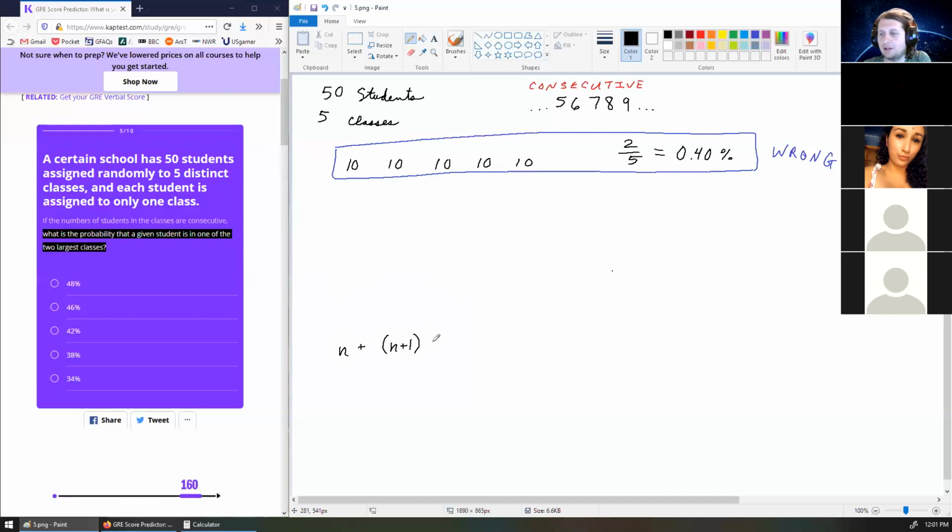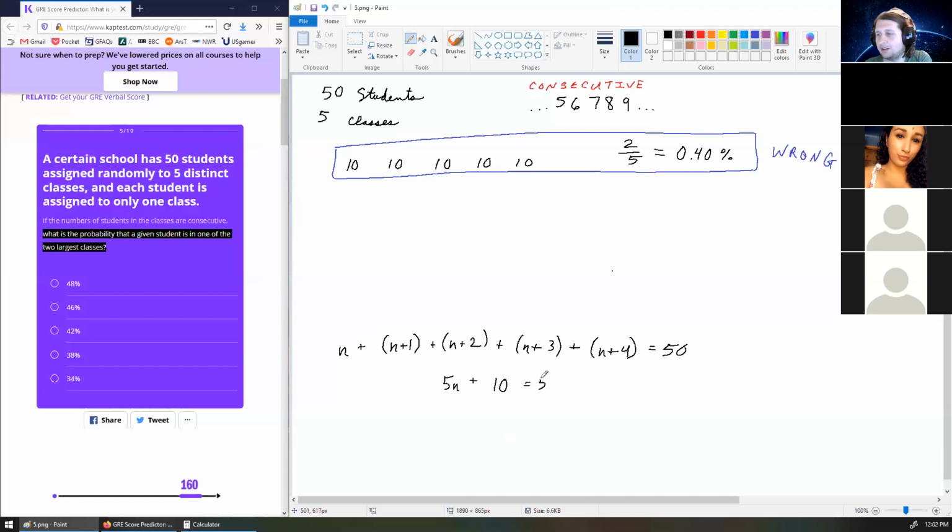So n plus n plus 1 plus n plus 2 plus n plus 3 plus n plus 4 equals 50. Okay, and then we could solve for n. That gets us 5n plus 1, 2, 3, 4, let's see, 7, 8, 9, 10, right?